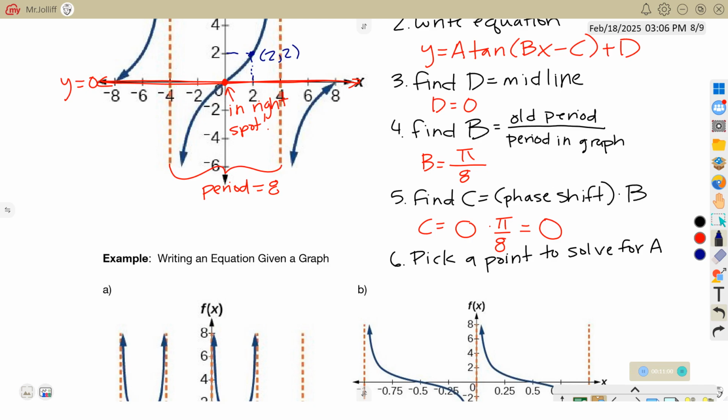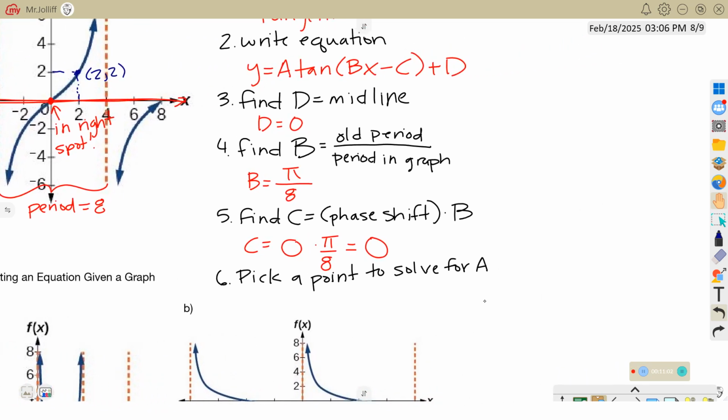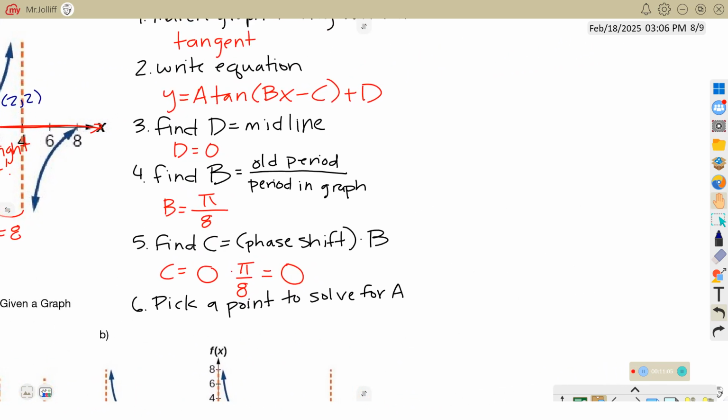Okay, I'm going to scoot sideways here. I'm going to ask you to bear with me. We're going to do some math. So I'm going to come back to this equation, the one we started with. And I'm going to take that point we just chose, right? X is 2, y is 2. And I'm going to take the 3 values I found, D, B, and C, and sub all of those numbers into the equation so that A is the only thing left.